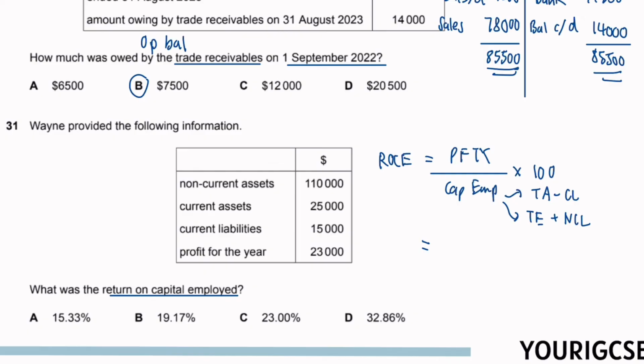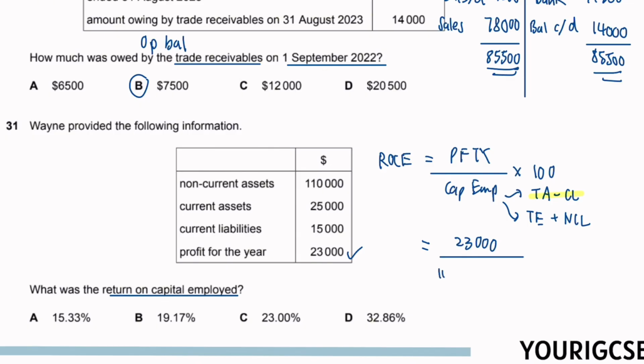Profit for the year is 23,000. Capital employed, so let's see for this question what you have. We will use the first formula for this question, since we don't have the equity given, but we have the total assets.